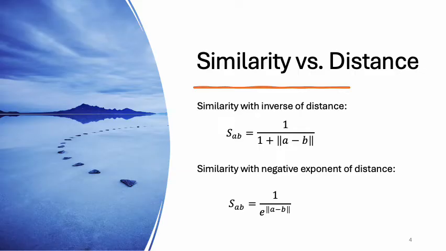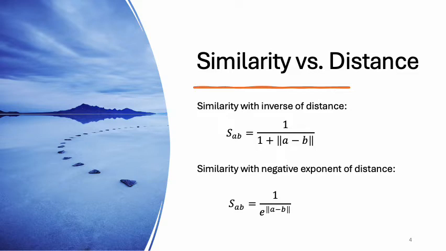Distance metrics determine how close or far apart two data points are by calculating the distance between them. Generally, the smaller the distance between two data points, the greater their similarity. This principle is widely used in various machine learning algorithms and data analysis methods. Here are some of the most common methods for converting distance values into similarity scores.